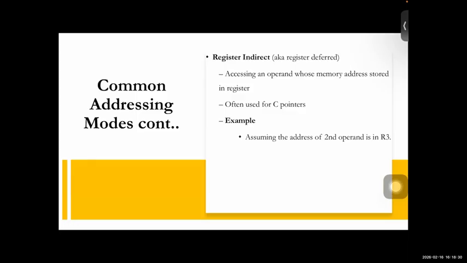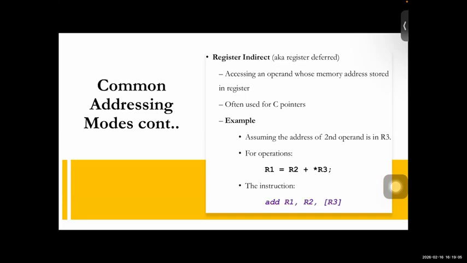Then the operation in the programming language looks like R1 equals R2 plus the pointer, the address in R3. Can you guess what the instruction will be here? Can you guess the instruction for this operation? Yeah, Austin, perfect. Thanks for that, correct.